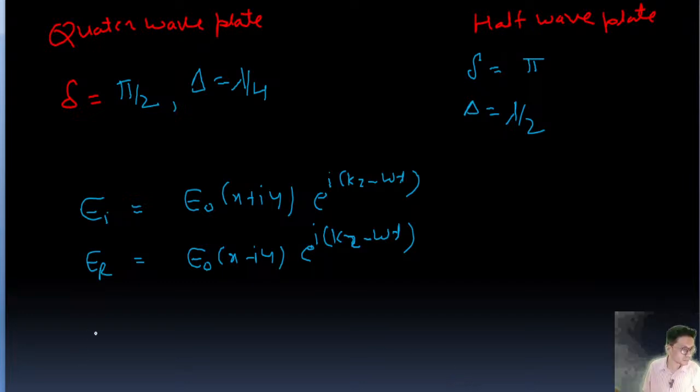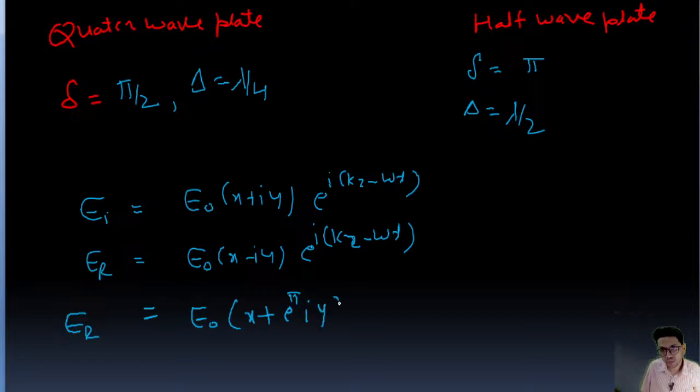Okay, so now from here you can see this is the equation, right? So we can write E_R like this: E_0 (x plus e to the power i pi y) e to the power i(kz minus omega t).